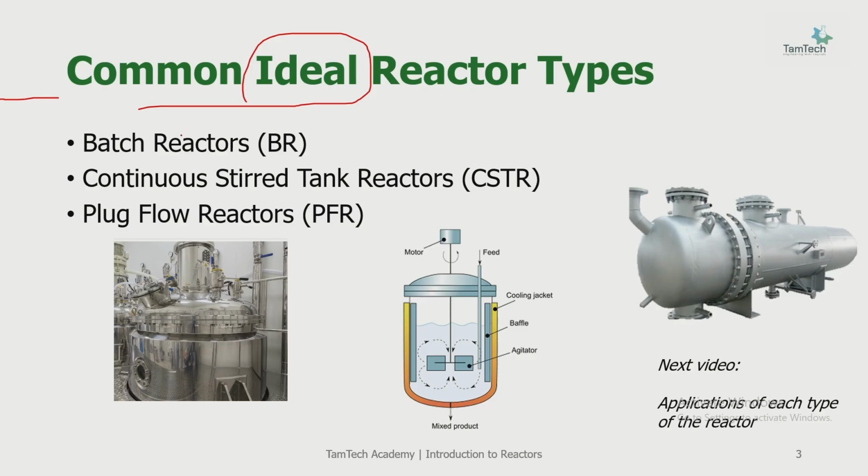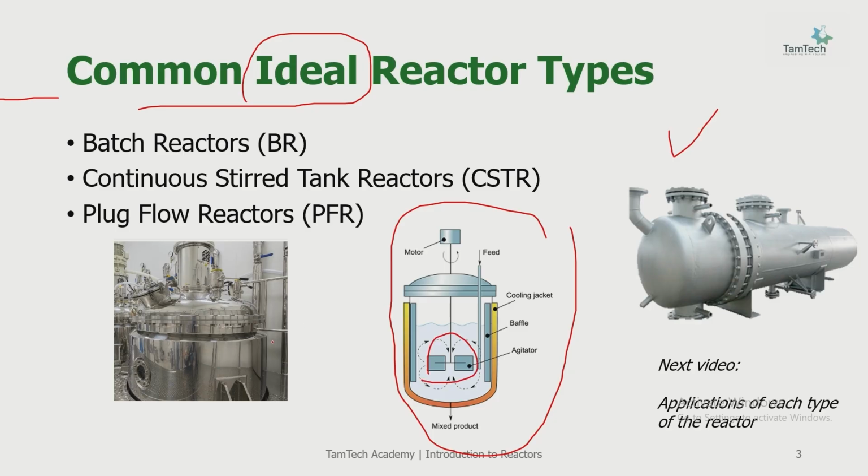The first one is the batch reactor, BR simply. Then the continuous stirred tank reactor, CSTR, and the last ideal one is the plug flow reactor, PFR. From these pictures, this one here is the PFR. It looks like a vessel or just a horizontal separator. Then we have the CSTR, which you can recognize from its motor agitator, as you can see here.